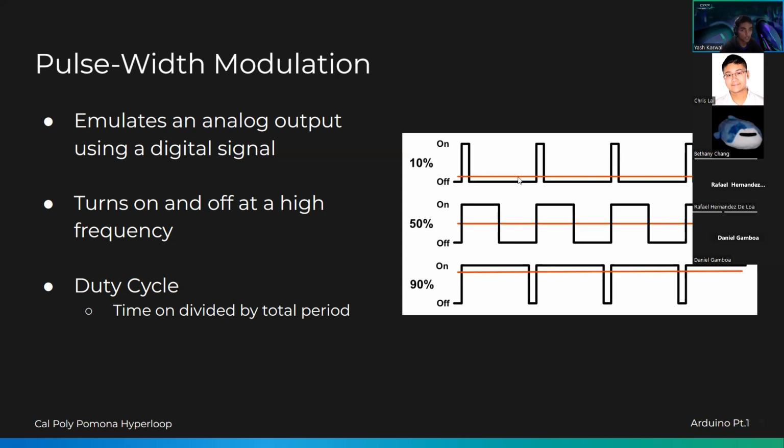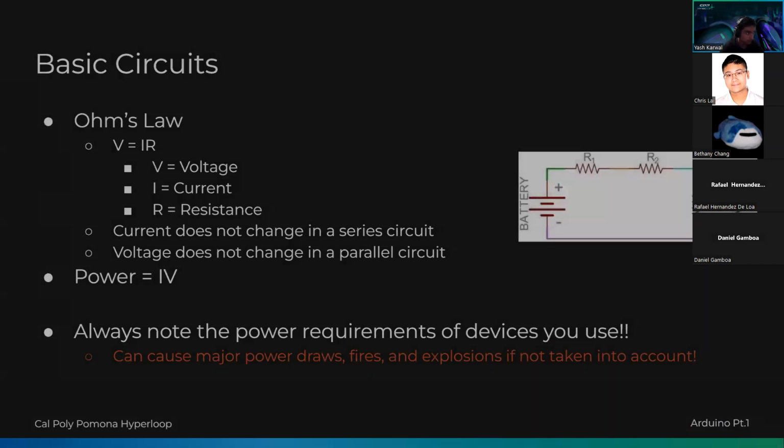So you're getting a 10% duty cycle, which is like 10% of its overall voltage. That's basically one way of tricking our eyes to see different voltage levels, as well as electronics. So you can use a digital signal as an analog signal, but it's only for certain pins on the Arduino.